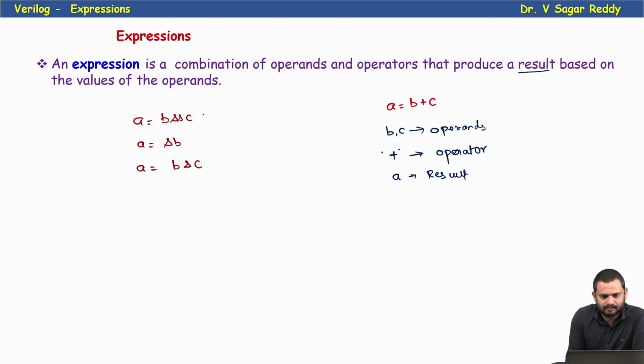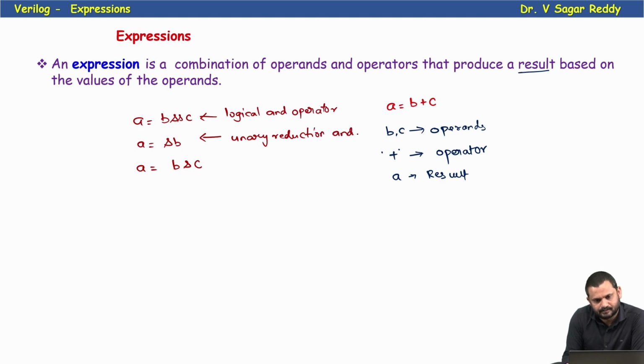In this case it is the logical AND operator. We need two operands, a binary operator, because we require two operands B and C. This is the logical AND operator. Then there is the unary reduction AND operator, this one, &B.